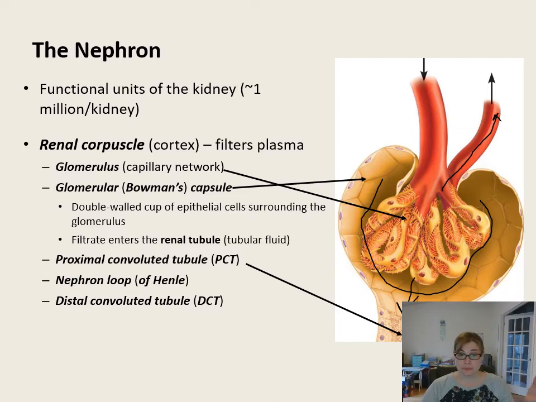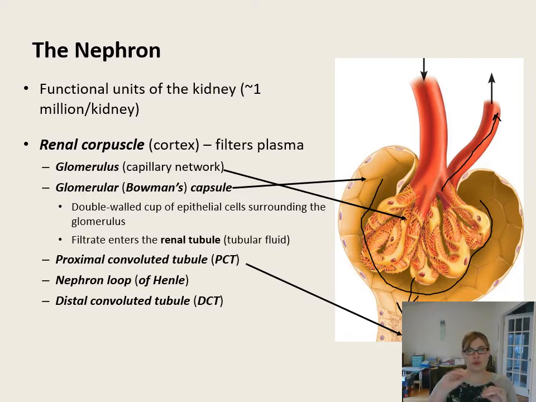So then, if you can't see this part right here, then you will be able to in a little bit. What happens is the stuff that still has to be filtered is going to proceed forward, and it's going to enter a section of the nephron called the proximal convoluted tubule. Proximal means closer to where it started.